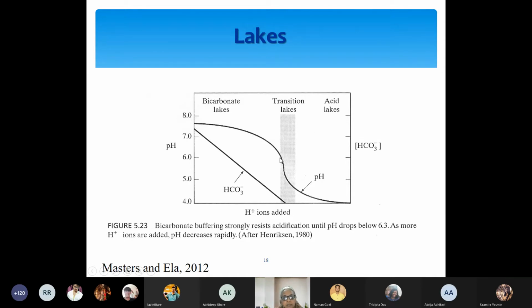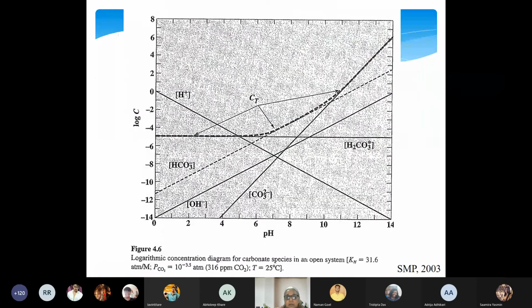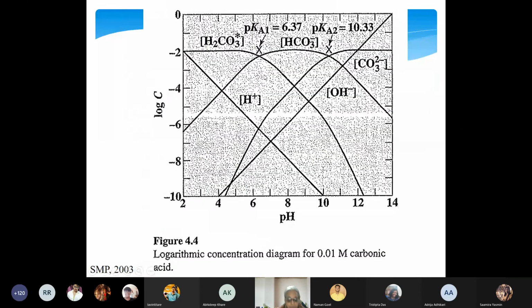But in the transition lakes, the pH drops very rapidly and in the acidic lakes, you again see acidic conditions and a decrease in the pH. So this is just the bicarbonate concentration as a function of pH. It's the same as the line shown over here. You can see it in this part of the curve.